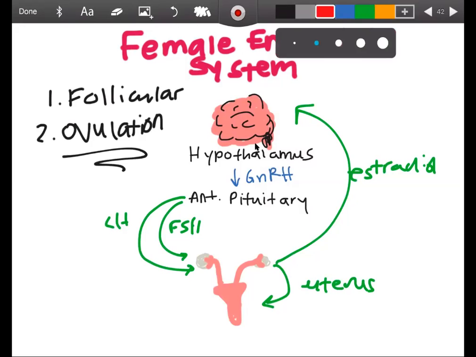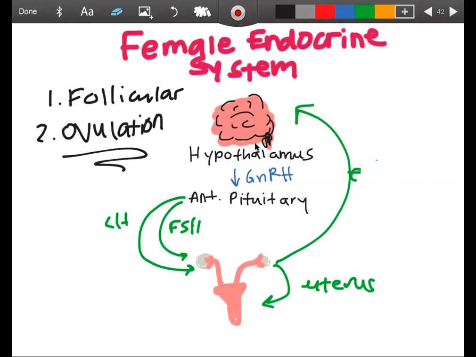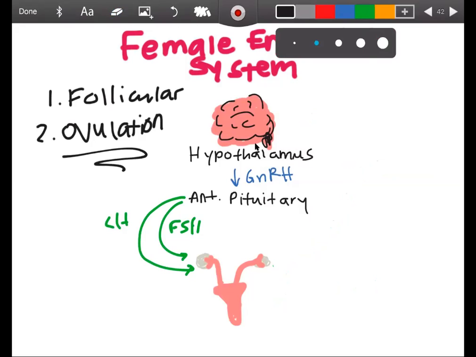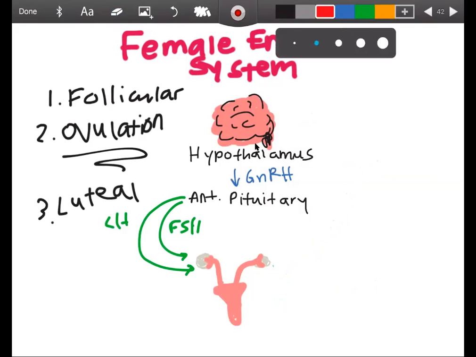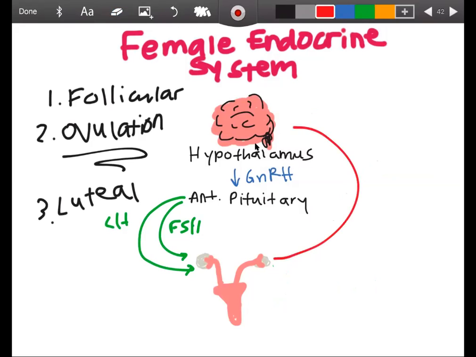And there's going to be, instead of a positive response with the estradiol, the ovaries going to tell the brain to stop releasing the gonadotropin releasing hormone, stop producing estradiol and progesterone, and the corpus luteum is going to break down.